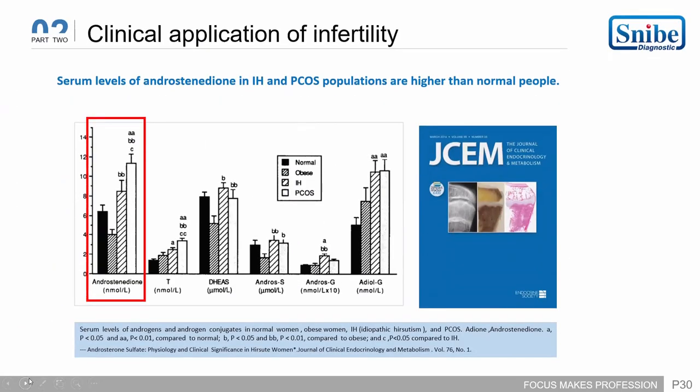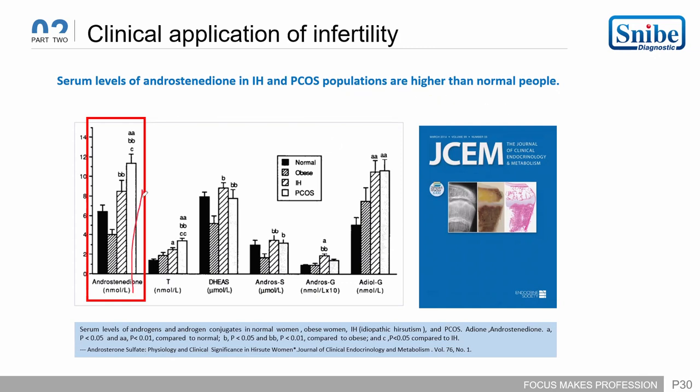And if we talk about the clinical application in infertility. According to the Journal of Clinical Endocrinology and Metabolism, the serum level of androstenedione in IH and PCOS populations is higher than in normal people.